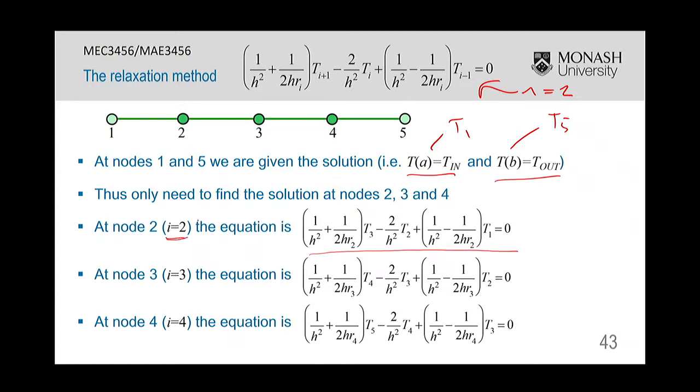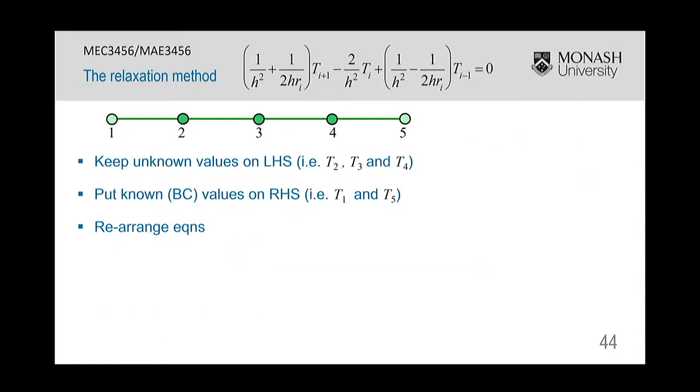So at i is equal to 2, we see we have a value of T1, but we know what T1 is. Likewise, at the equation for i is equal to 4, we have an expression involving T5, but we know what T5 is. It's just equal to T out. So keep all of the unknown values on the left-hand side. That's T2, T3, and T4.